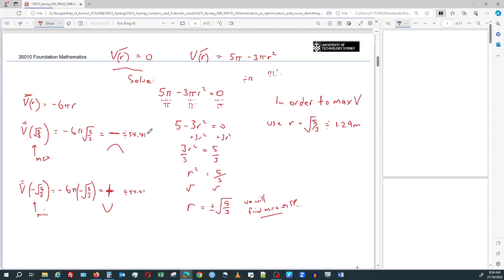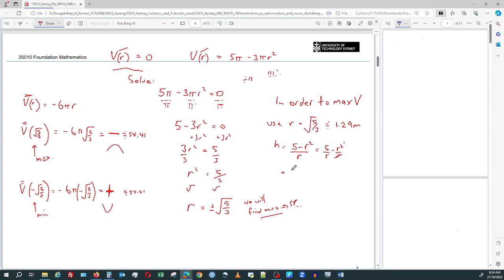So to calculate h, we just use the other equation. So previously, h was equal to 5 minus r squared, so we're going to use that one, over r. So that's going to be equal to 5 on r, splitting the fraction, minus r squared on r. That's an easy cancel.